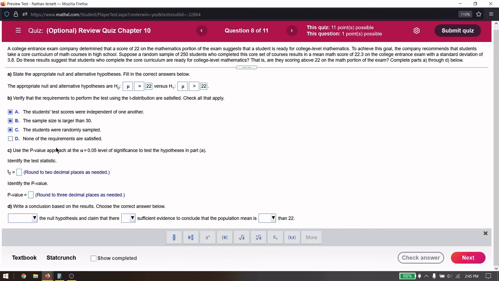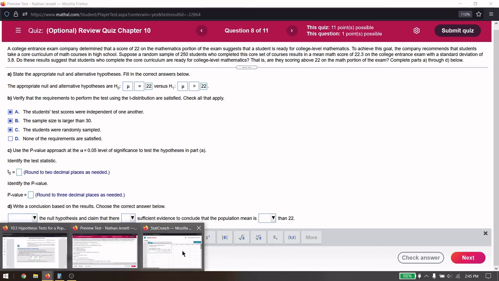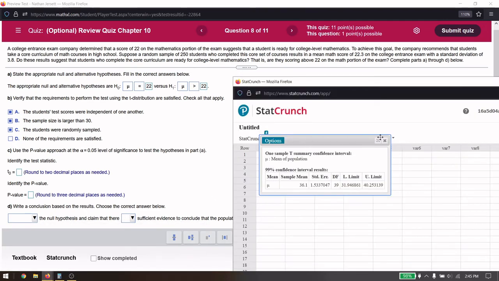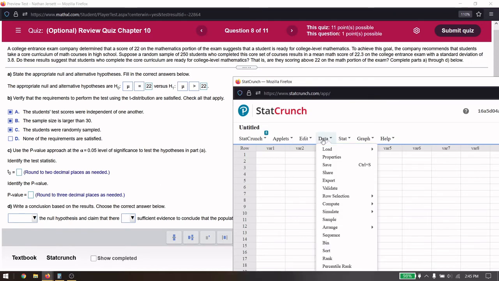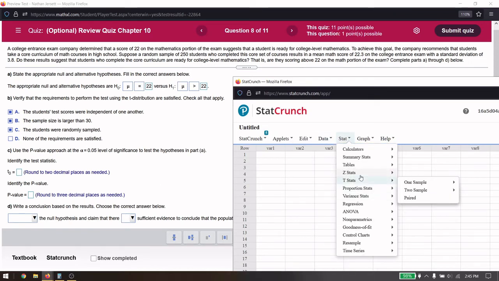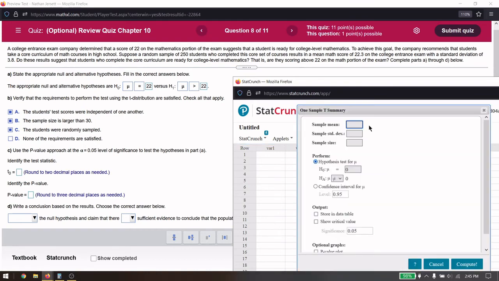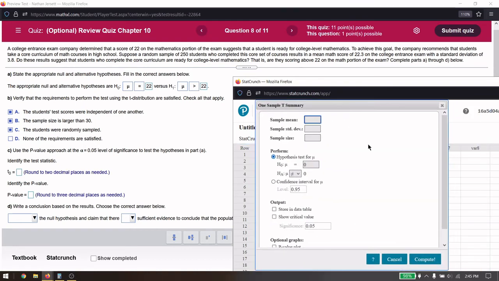So, p-value using a 0.05 level of significance. Let's open StatCrunch and the stats. See, we have the summary, right? Yep. Okay, the mean math score is 22.3. Standard deviation of 3.8.